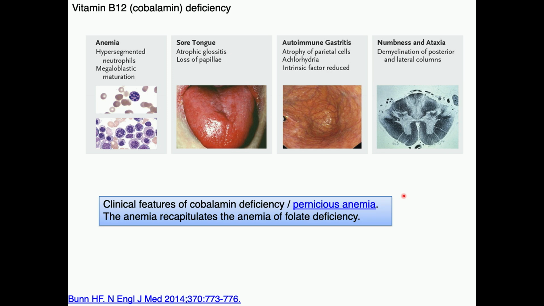This constellation of the macrocytic anemia with the other neurological symptoms of B12 deficiency, together we refer to as pernicious anemia. So it's like a folate deficiency plus extra neurological symptoms that indicate the vitamin B12 deficiency.